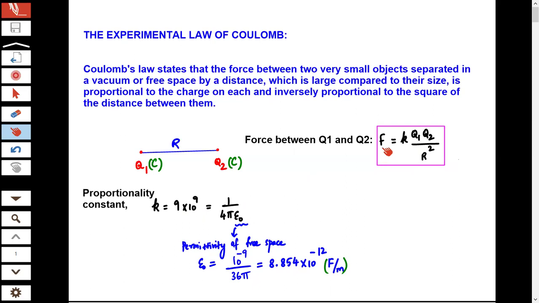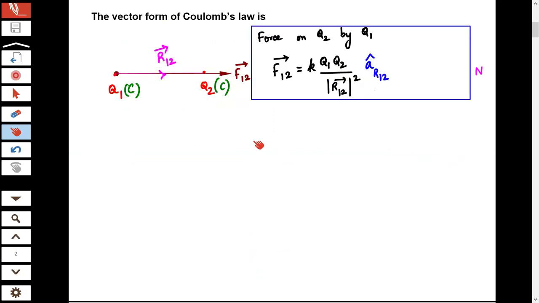This force can be given in vector form. Let us discuss the vector form of the force between two point charges.